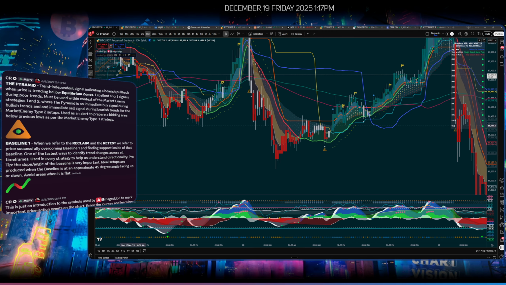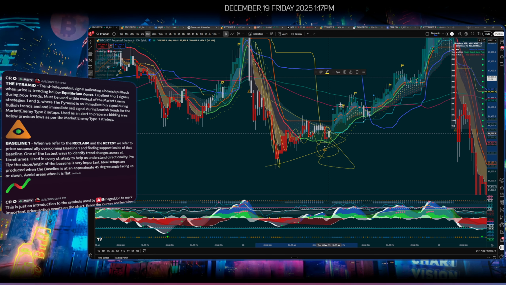We have a pyramid. And in your mind, you're saying, hey, this is familiar. This is what CR was talking about. This is an inverted flag. So we have a leg, consolidation, pyramid, reversal, back to the impulse point. We go further back.